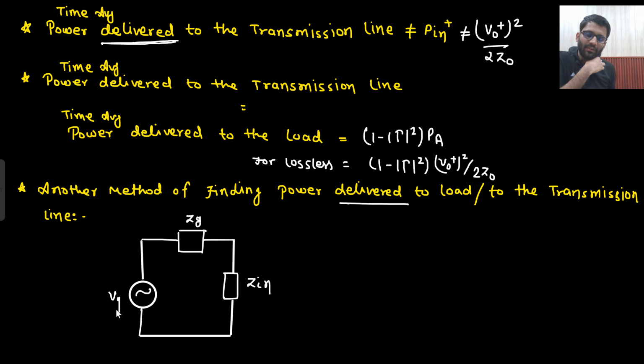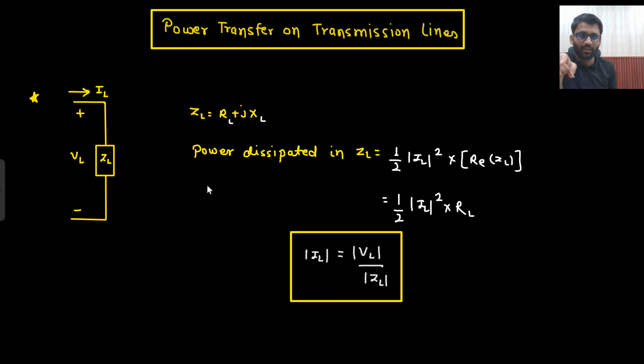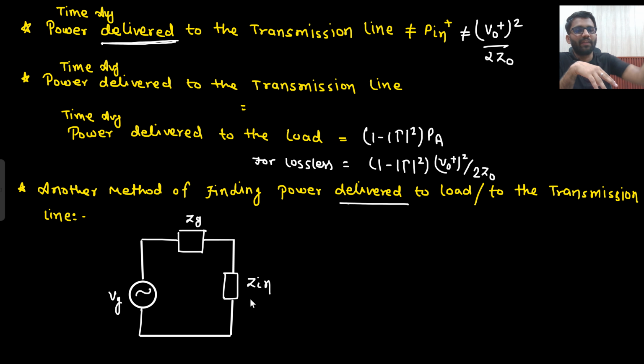So this is your VG, this is your ZG, this is your Zin. Now whatever power is dissipated in Zin will equal the power delivered to the line.